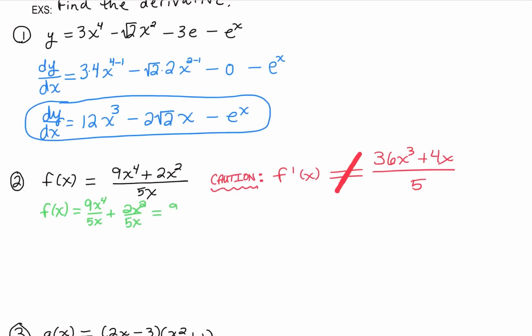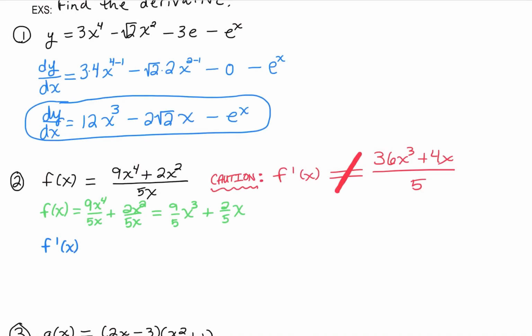So the first term is our 9/5 x to the third, and my second term here is 2/5 x to the first. And you do really want to think of it like that as opposed to 2x over 5, right? Because the constant multiple is what we get to just carry along when we take our derivative. So it's much easier to work with in that form. So now we can take our derivative.